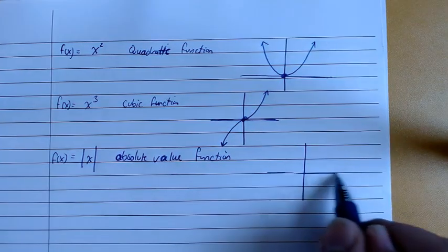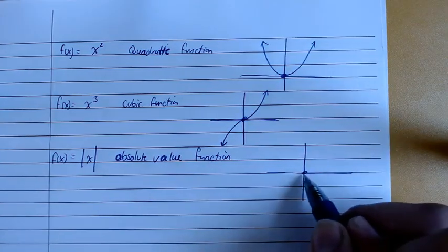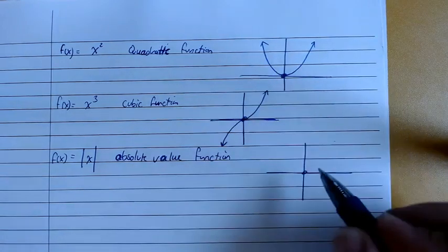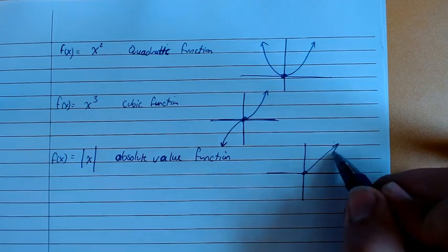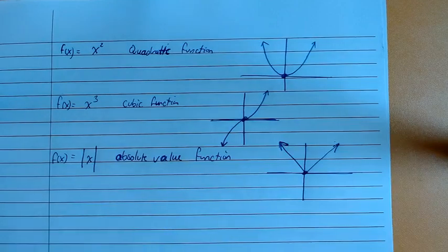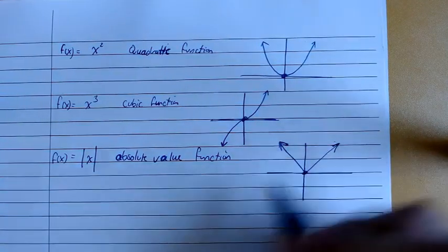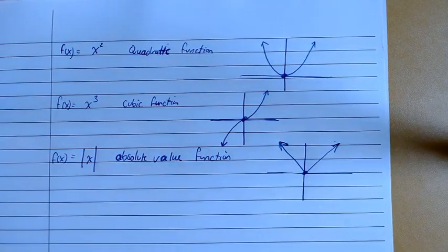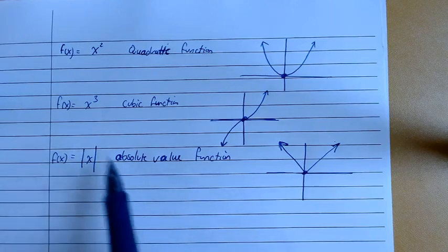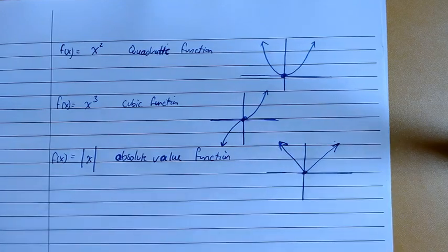It's going to cross through the origin, and go up to the left and up to the right. But instead of a bowl or parabola shape, it's going to be a straight line in either direction, sort of a V shape, like that. This is the most basic absolute value function. If you had another function with absolute values around it, it would kind of look like this, modified a bit.